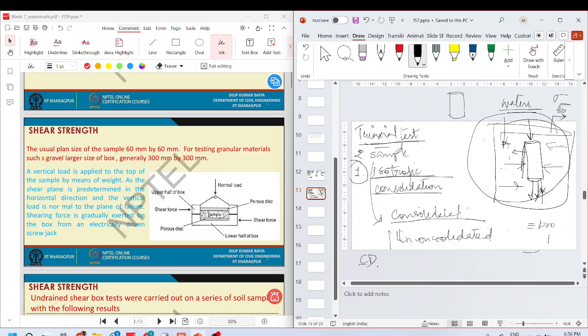That is why in the unconsolidated test you just apply the load, and that's it. You can move to the next stage. The consolidated test is when you have to wait for the sample to achieve equilibrium under this particular loading. You got me?